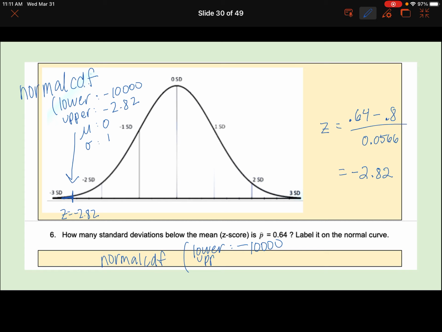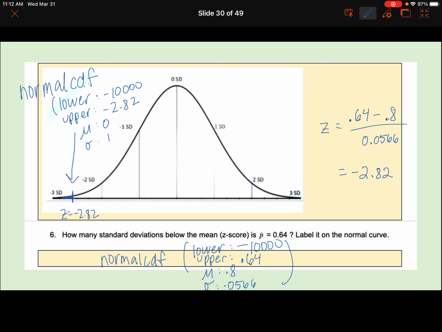But for the upper bound, instead of the z-score, you can use the proportion. 32 out of 50 was 0.64. The mean and standard deviation you can take from the normal curve: the mean is 0.8 and the standard deviation was 0.0566.